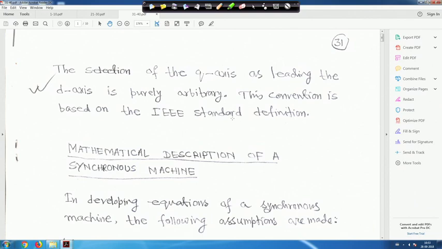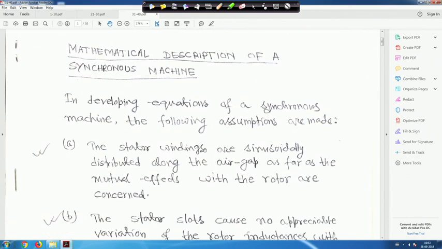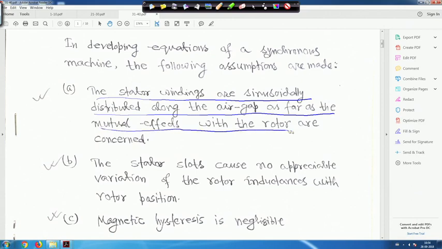Next, we will come to the mathematical description of a synchronous machine, right. In developing equations of a synchronous machine, the following assumptions will be made. The first assumption is that stator windings are sinusoidally distributed along the air gap as far as the mutual effects with the rotor are concerned, right.